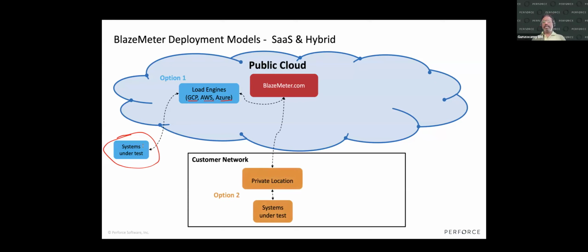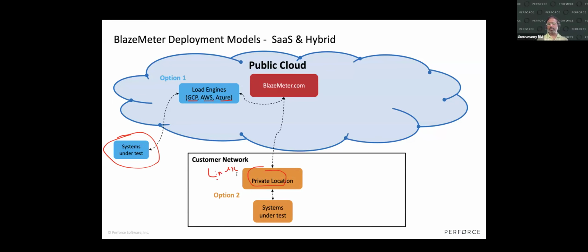In the second option, the system under test is within your network and is not exposed to the outside. We have something called a private location, and that's why it is called hybrid. The load engines will be in your own network, on your Linux boxes. We will host them within the network.